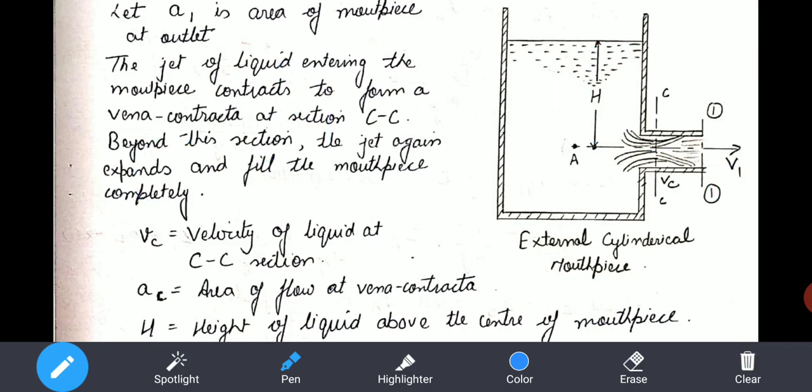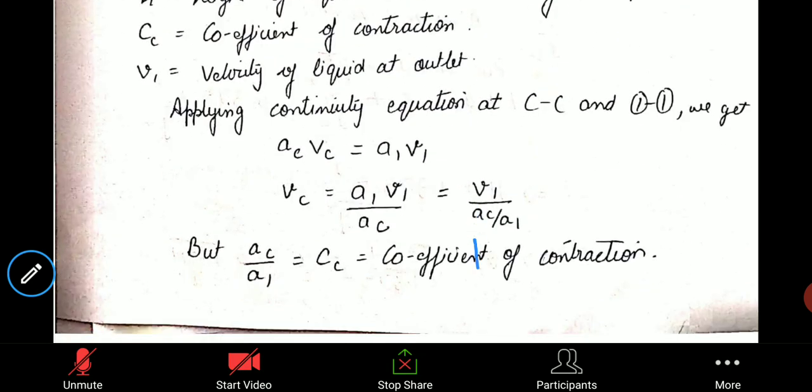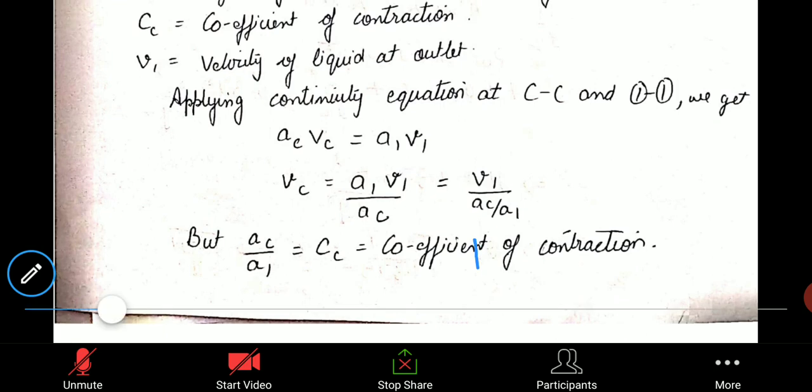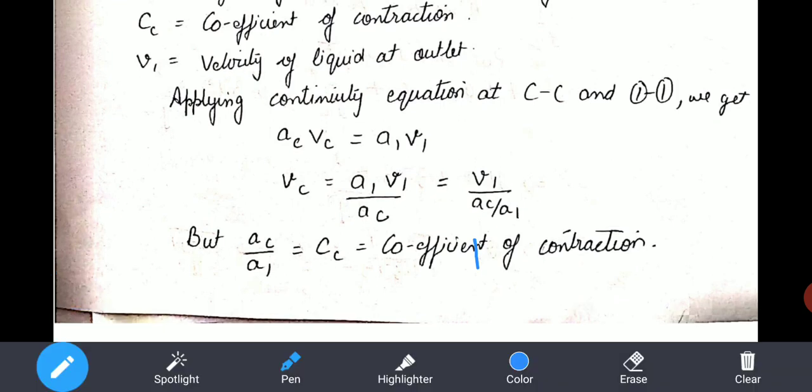So let's start our derivation from here. First of all, apply the continuity equation. What is the continuity equation? A1 V1 is equal to A2 V2. Here we are considering two sections, that is section CC, which is at vena contracta, and section 1, which is inside the tank.